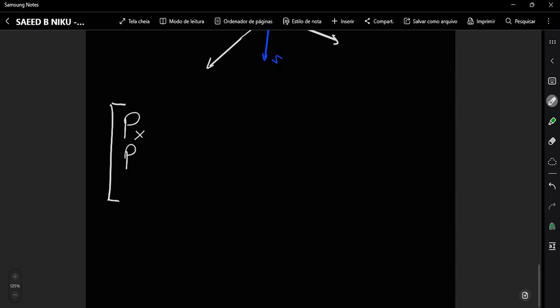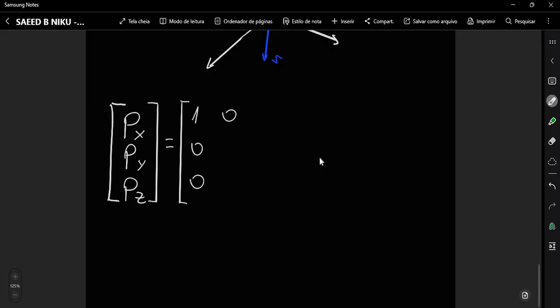Px, the coordinates Px, Py, and Pz. We just need to apply the rotation movement.